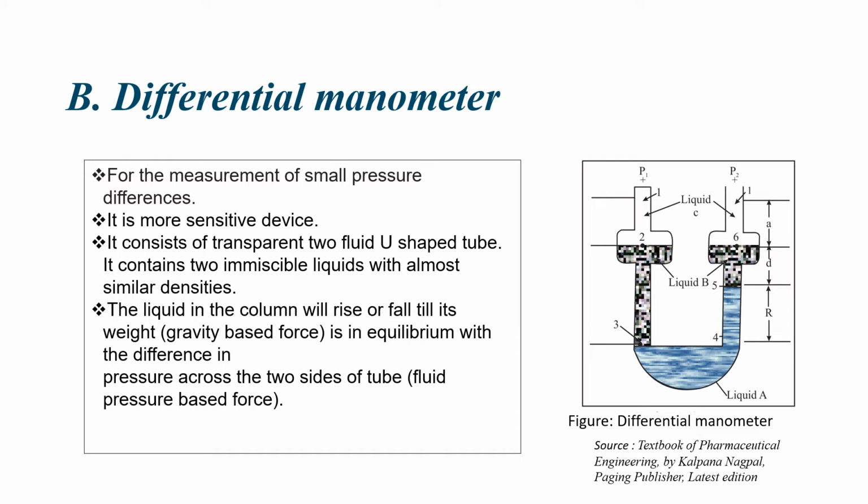This way it becomes quite sensitive. It consists of two transparent, two fluid U-shaped tubes acting as a reservoir, and the liquid in the column will rise or fall till its weight, that is gravity-based force, is in equilibrium with the difference in the pressure across the two sides of the tube, that is fluid pressure-based force.